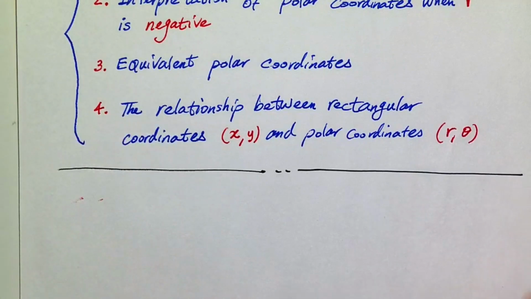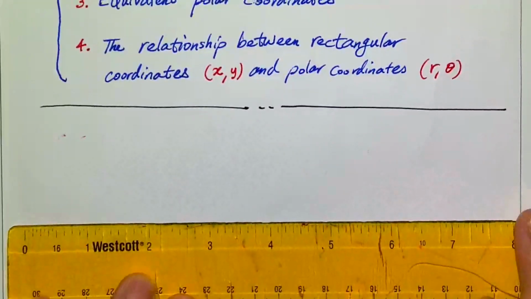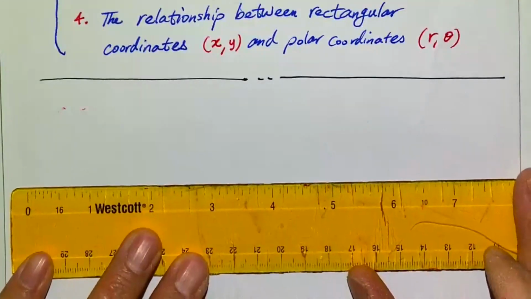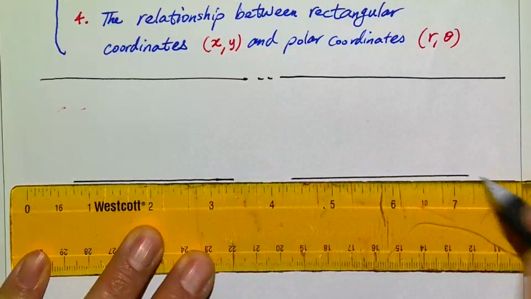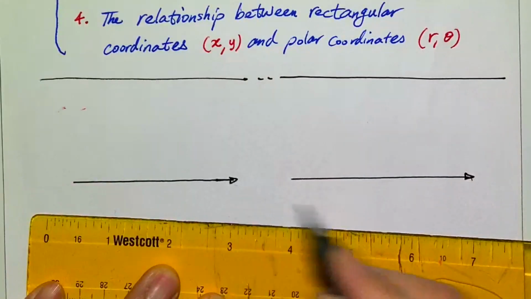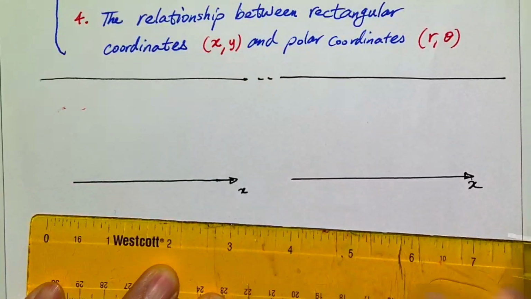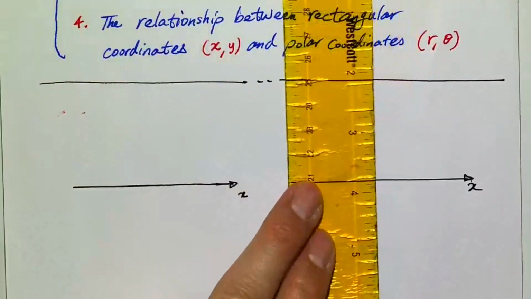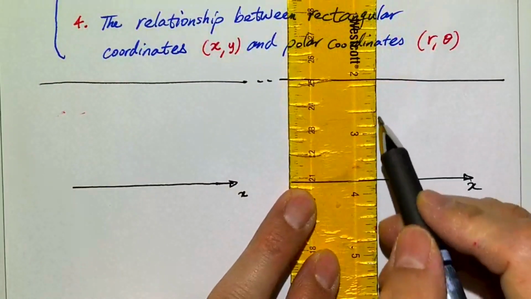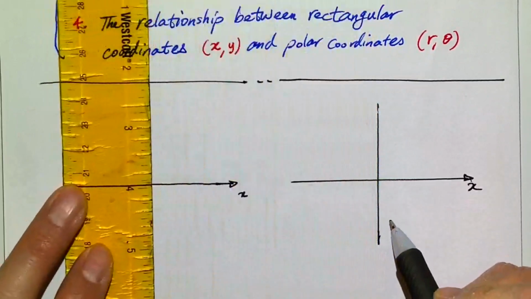So if we draw two small figures here, and let's get our y-axis here and here.